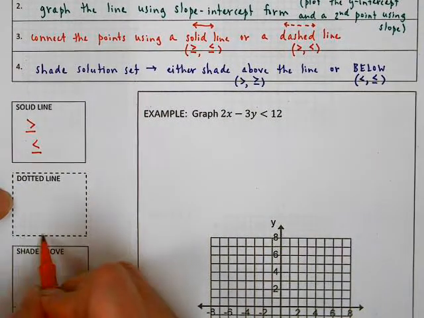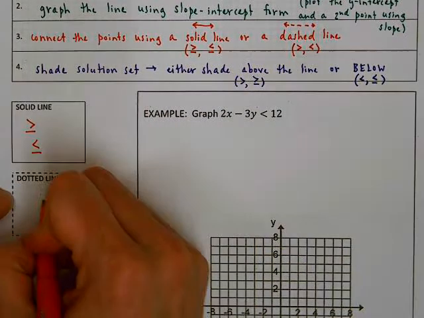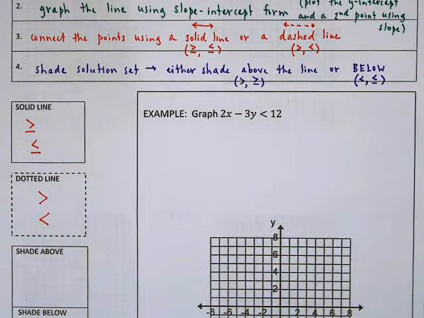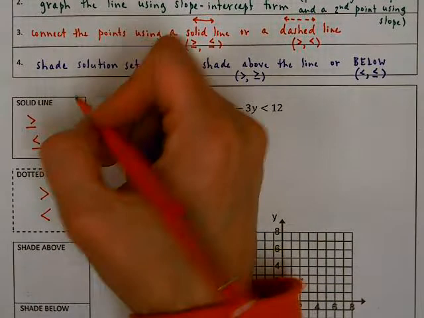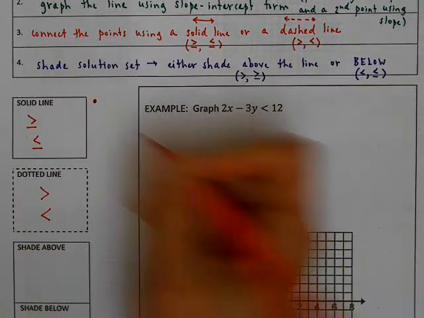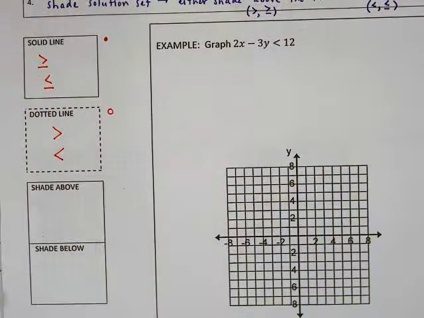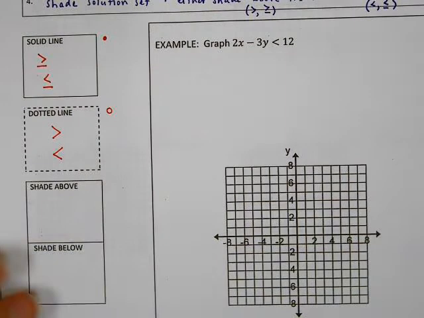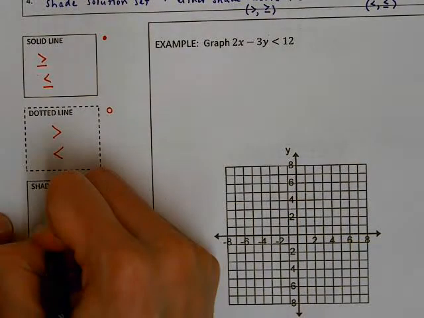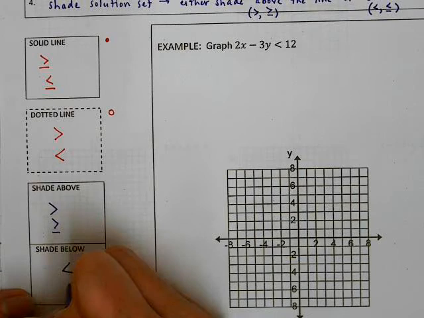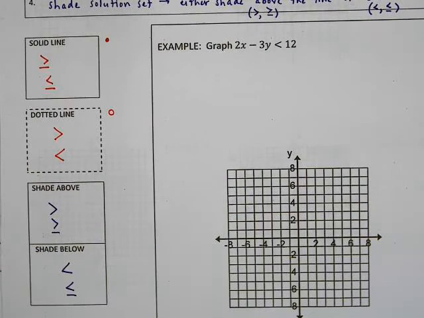It's going to be dotted, just like it is in this box, if I have just a greater than or just an equal to. This is kind of similar to our old inequalities where we had the closed circle and the open circle. Now, shading above is going to be anywhere I had a greater than or equal to. Shading below is a less than or less than or equal to.